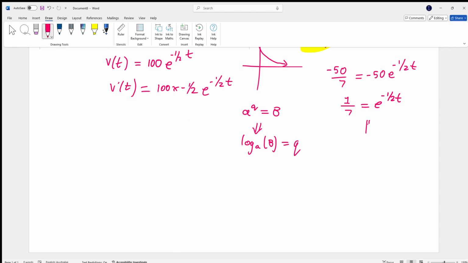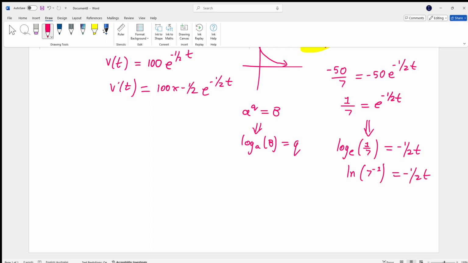So rewriting this as a log form, it's going to be log e 1 over 7 equals negative a half t. Here we can just write that as ln of 7 to the power of negative 1 to make it a bit easier, and we have that.